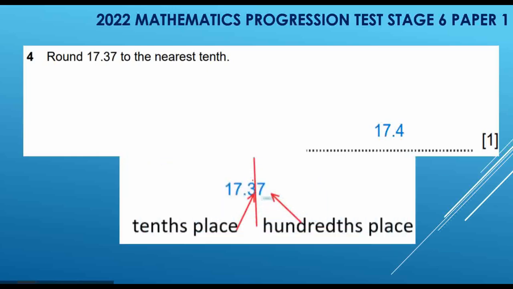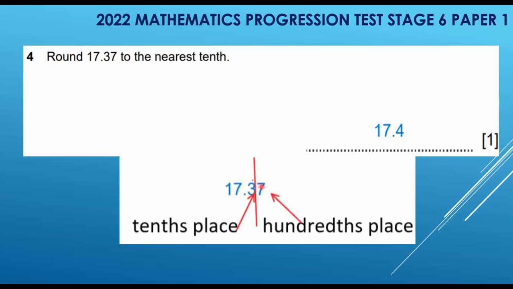Here's the explanation. We have the number 17.37. For the nearest tenth, we make a line after the tenths place. Then we see the next digit is 7. So 7 is in the hundredths place, and 3 is in the tenths place. To see whether we have to add 1 or not, we look at the 7: if it's 5 or more than 5, we add 1; if it's less than 5, we ignore it and only take 17.3.